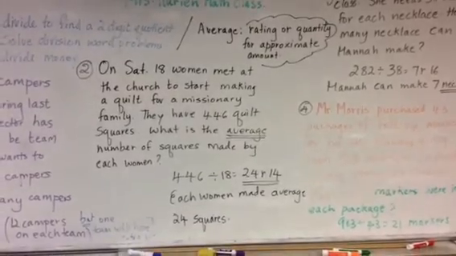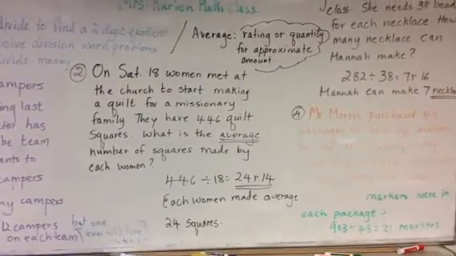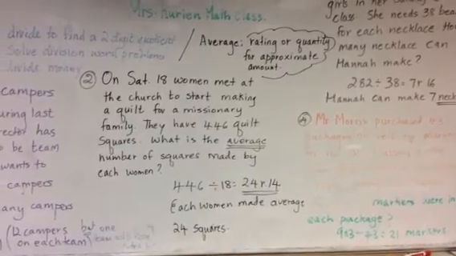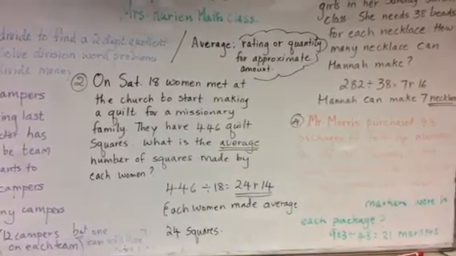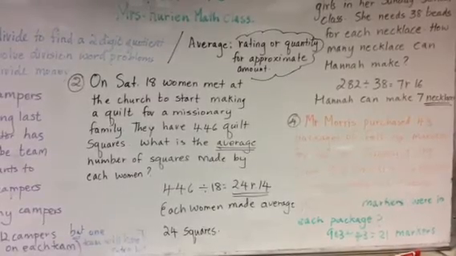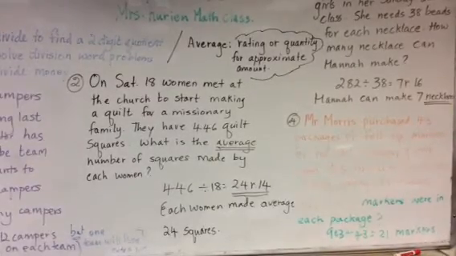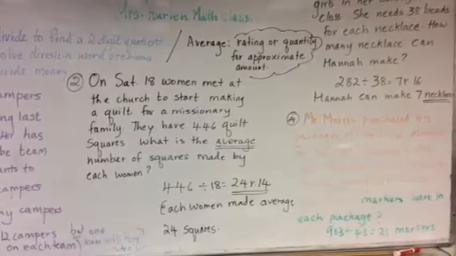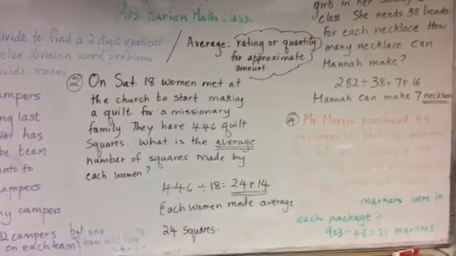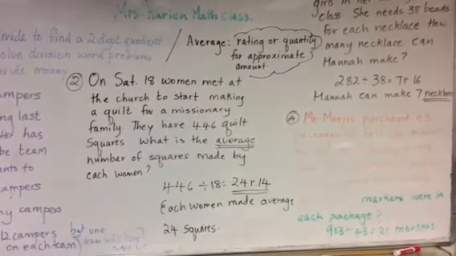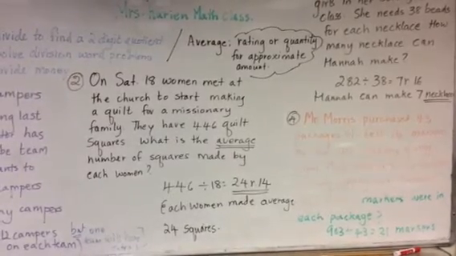Average means rating or quantity for an approximate amount. So 446 quilt squares you have, and they have to be divided equally among 18 women. So when you divide 446 divided by 18, you will get 24 in the quotient, remainder 14. So each woman made an average of 24 squares.